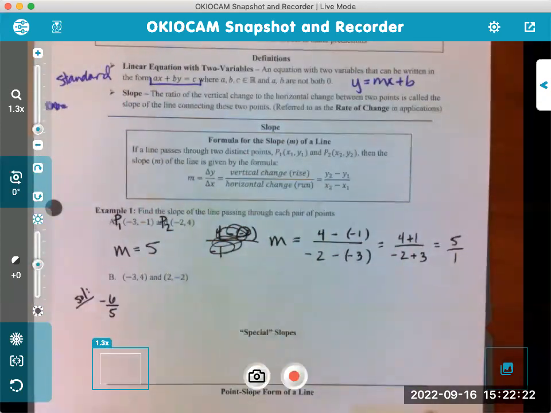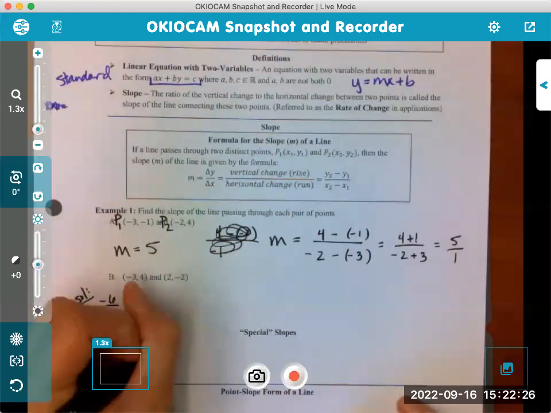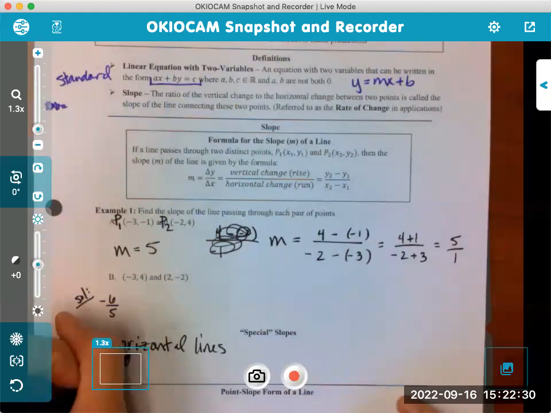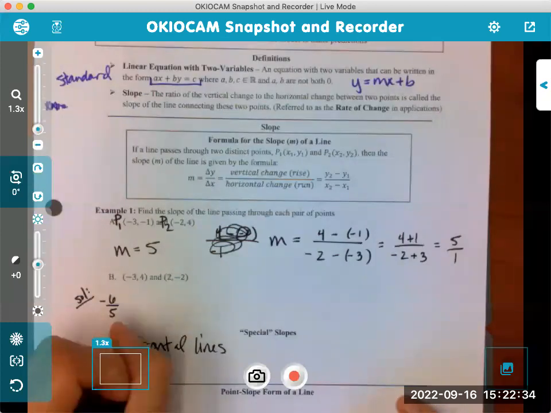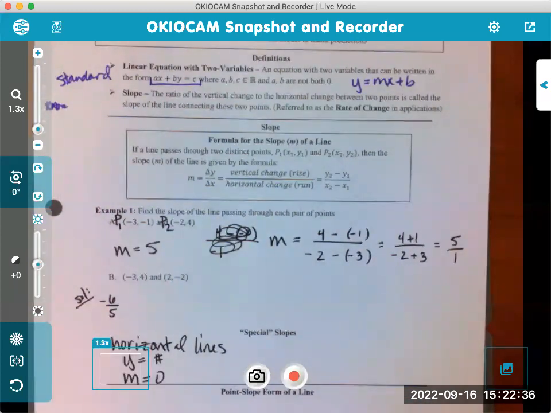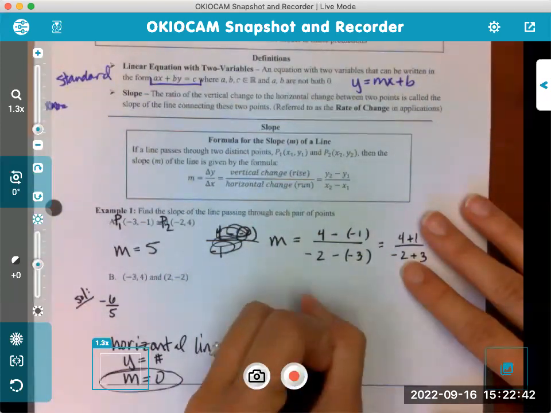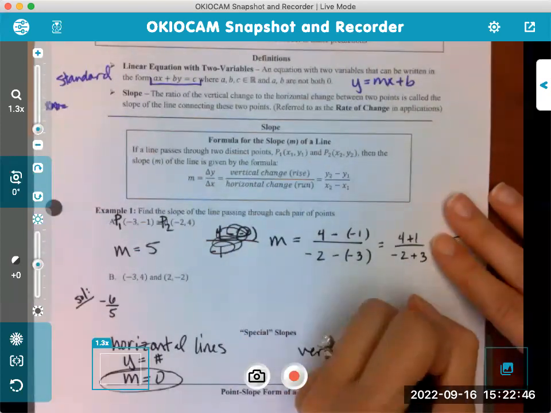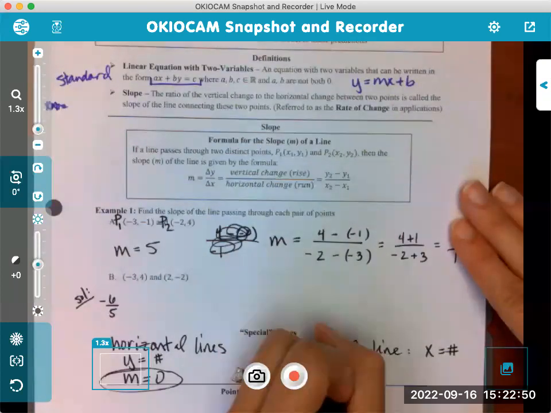Special slopes. Well, horizontal lines, that's y equals some number. They have a special slope of 0. If I have just a horizontal line, it's a slope of 0. If I have a vertical line, aka x equals some number, this has a slope of undefined.